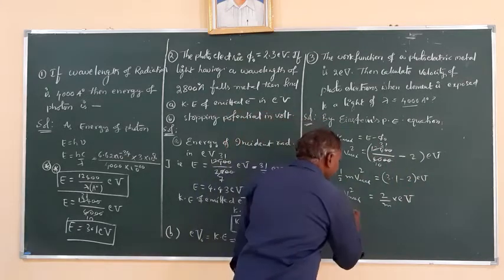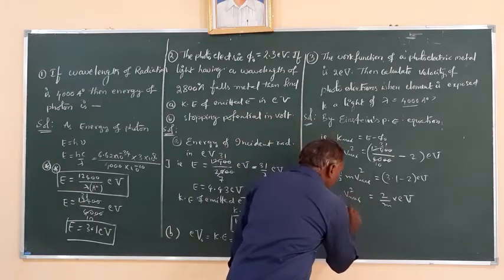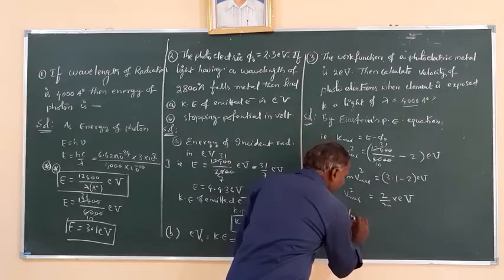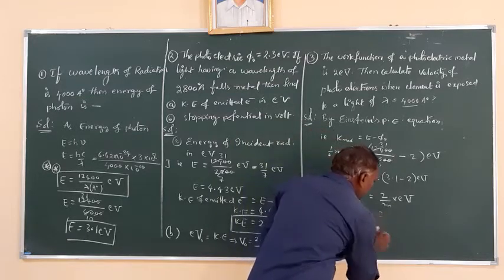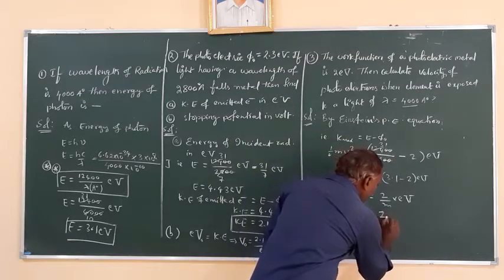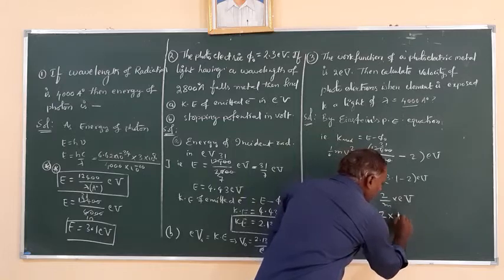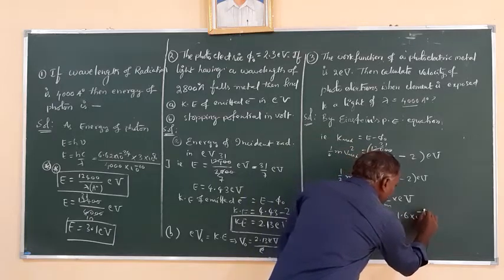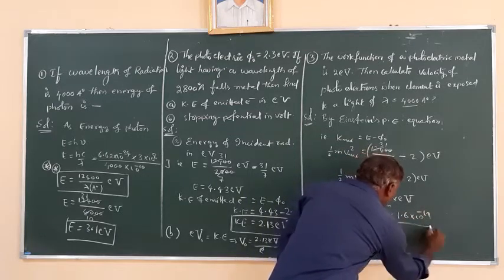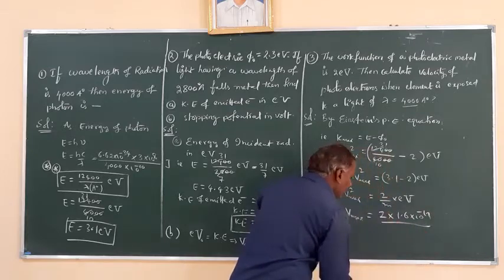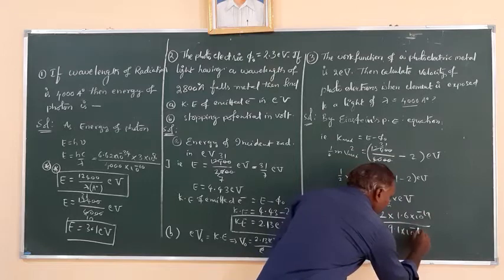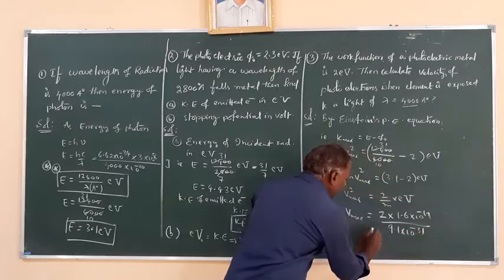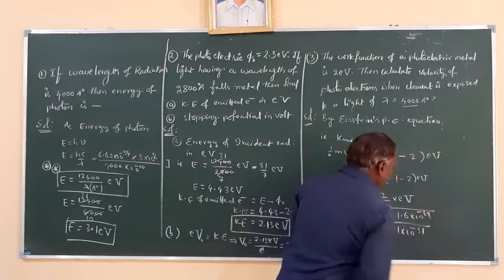So now I can write V max, the maximum velocity, is equal to 2 into E, the electron volt is 1.6 into 10 power minus 19 joule, upon the mass of an electron, which is 9.1 into 10 power minus 31 kg, and make this one under root.